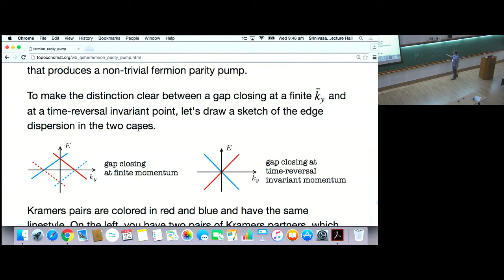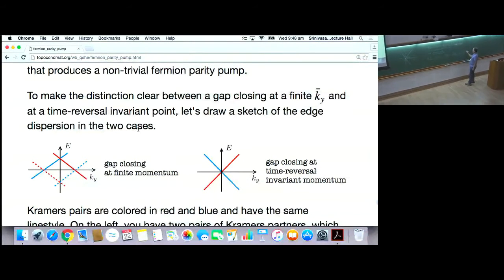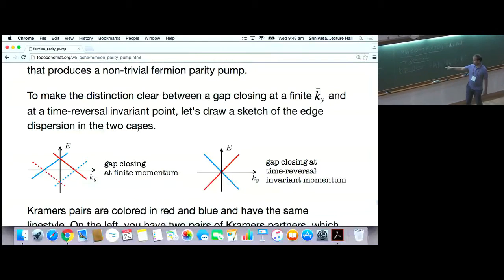What that means is I can write h of ky at small ky as h at ky equals 0 plus ky times a velocity operator. The velocity is just the derivative, so this is just a Taylor expansion to lowest order, and I get this expression.